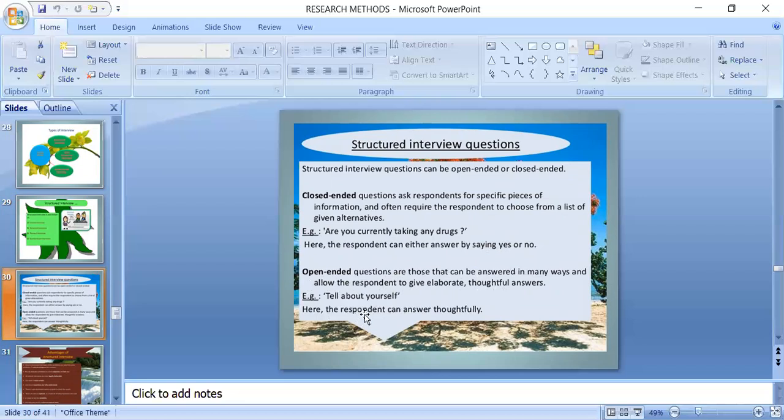The respondent answers thoughtfully: what is his or her name, where he or she belongs, what he or she is doing currently, why he came there, what his likes or dislikes are, not in the sense of eating, but likes and dislikes in the sense of his competencies, his routine life. Clear?